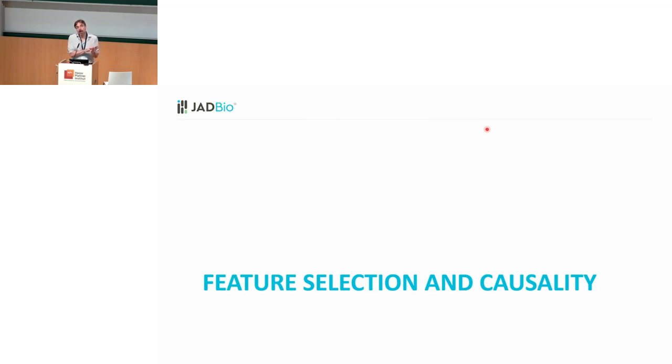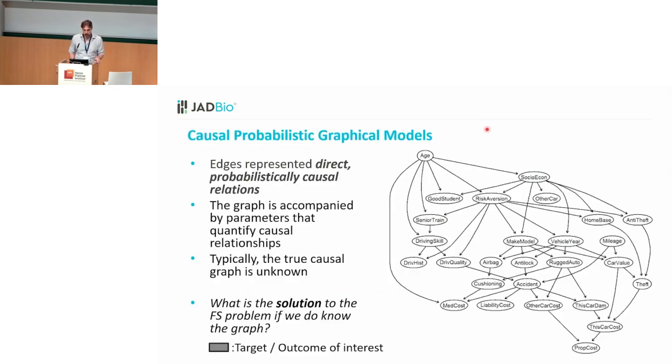Now let's see how feature selection actually connects to causality. Can it answer the questions why, as it was posed before? But in order to do that, I have to give you a little briefing about causal models, and specifically causal probabilistic graphical models. Like this one, this is actually built by a domain expert, and usually, obviously, we want to build them from data, and we don't know the true model.